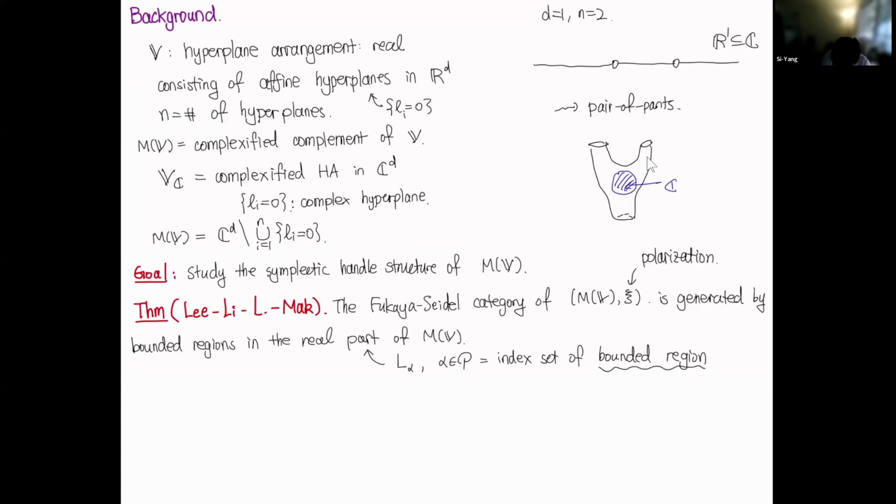And here, every time I introduce this theorem, I forget this condition that we consist only of transversely intersecting hyperplanes. Basically, in dimension 2, we don't allow this kind of configuration.